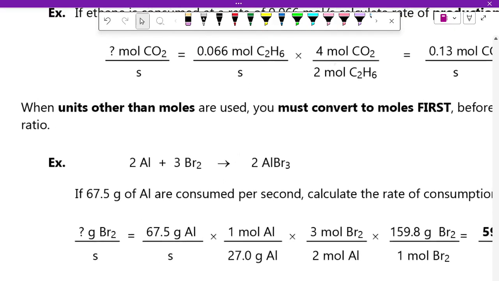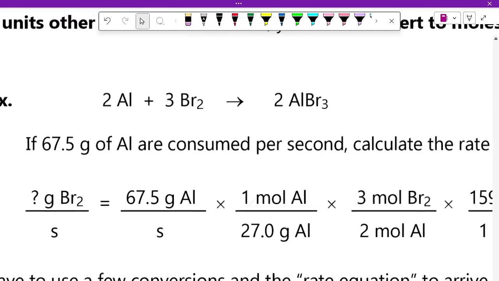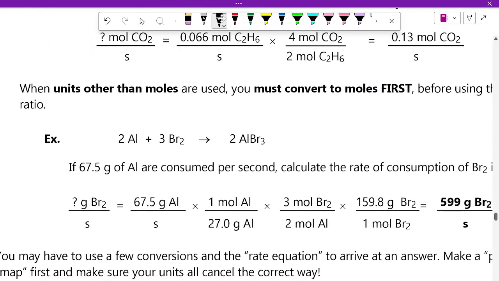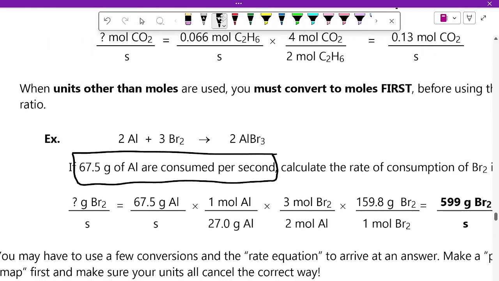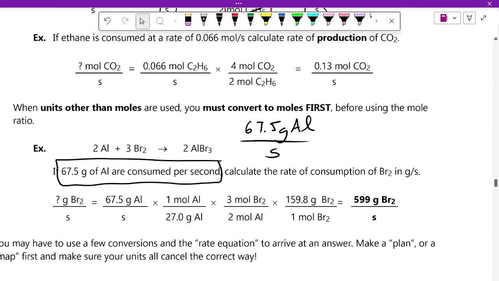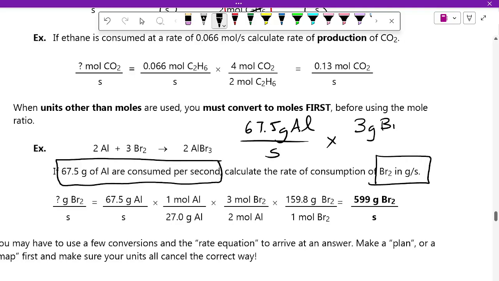So I could not say, let's say I wanted to take my rate of aluminum, that's 67.5 grams of aluminum per second, and I wanted to find Br2 in grams per second, I could not say that there are 3 grams of Br2 for every 2 grams of aluminum. That would be bad.